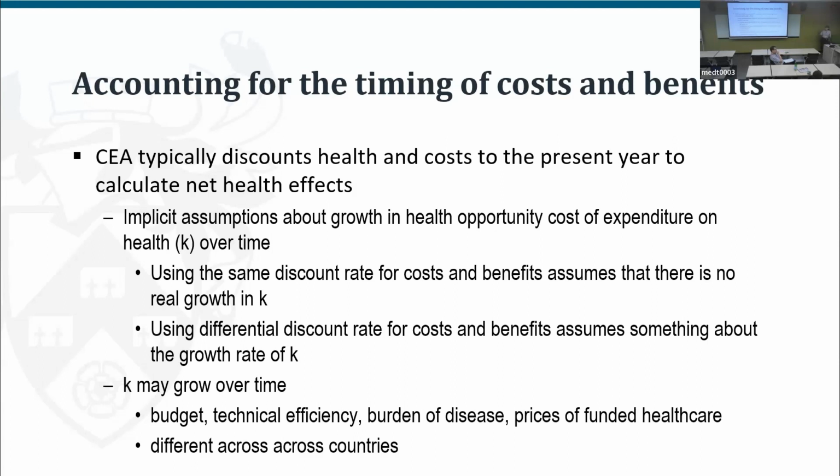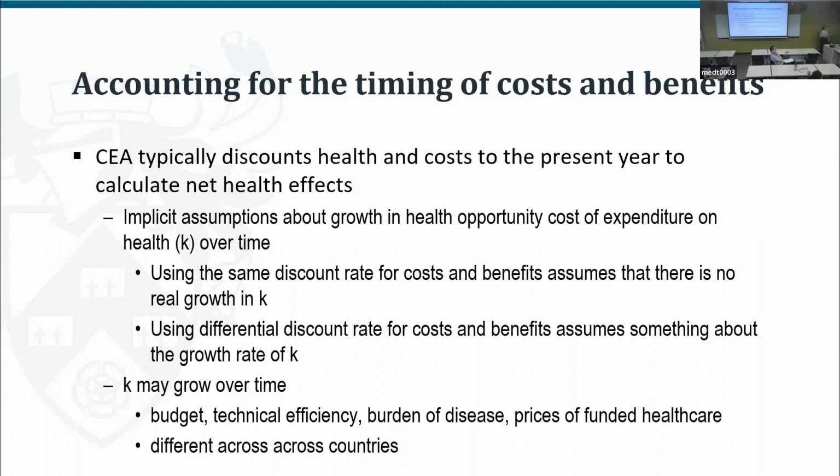This is the way it's always been done. We've got discount rates that are recommended by the World Health Organization and by the Gates reference case to undertake this kind of analysis. But this means that we are balling up some implicit assumptions about growth in the health opportunity cost of expenditure on health, which I'm going to call K in this part of the presentation, over time.